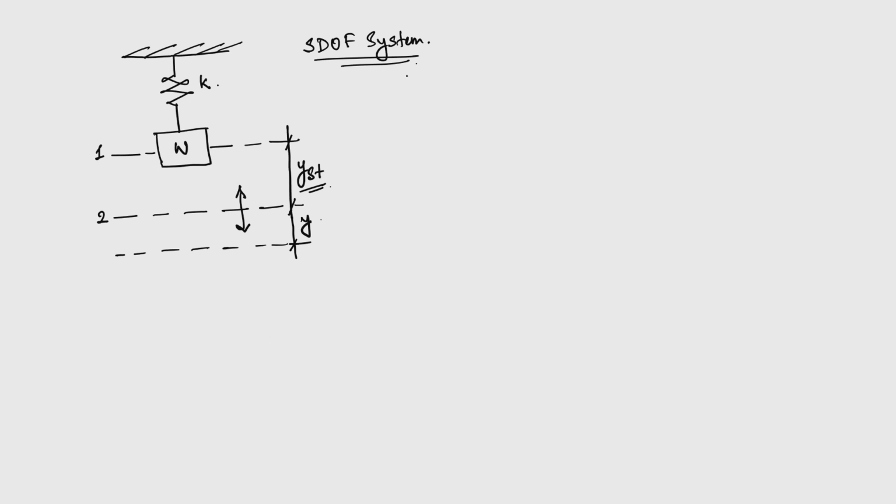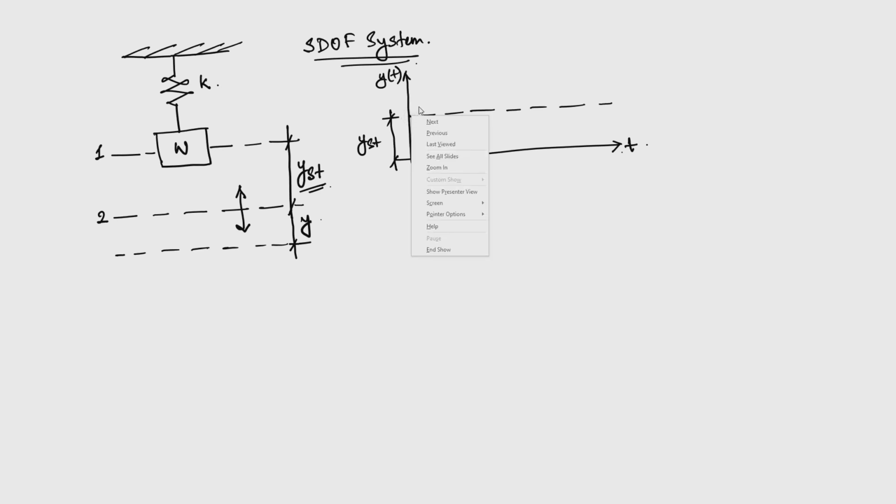Now, if I plot the response, this is t and the response in this case y of t. So, we have a static deformation. So, this is the static deformation, and about this deformation it will start vibrating.